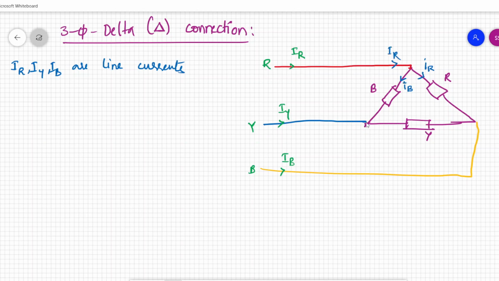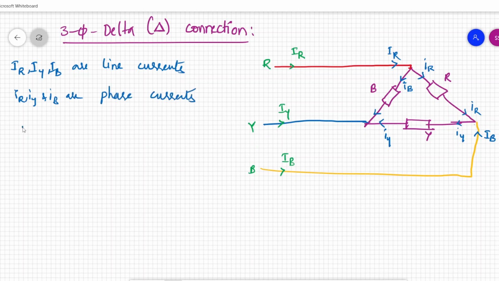Okay, and here also this is IB, this is IY. Here IB is coming like this as line current, and it is dividing into IY and IR. Okay, so here IR, IY and IB are phase currents because they are flowing in the phases.